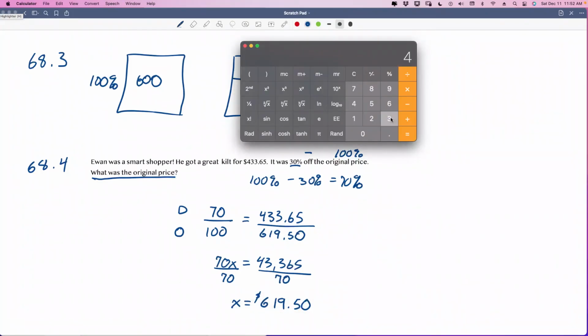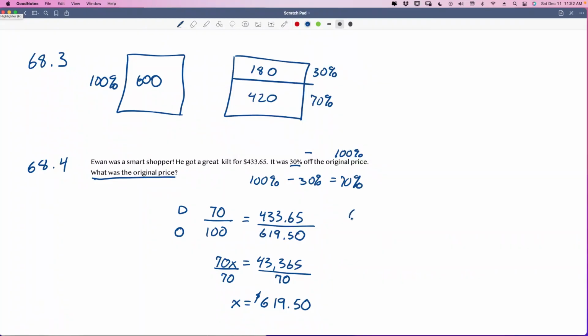So 433.65 divided by 70 is 6.195, right? So 6.195 is what we have. That's our scale factor. So multiplying this number times this number gives us this number. Multiplying this number times this number gives us this number.